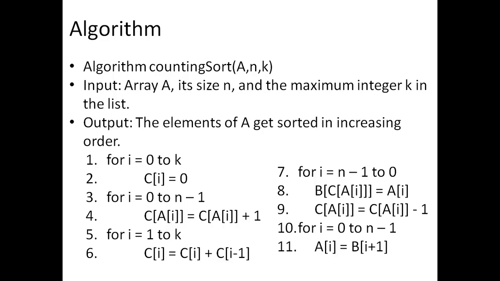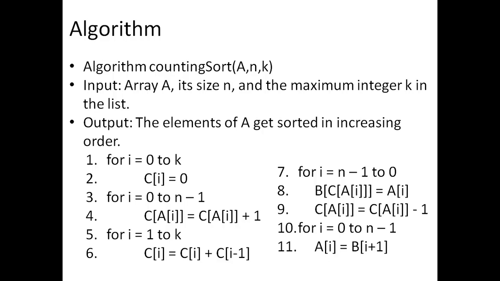The first step in the algorithm is to initialize the array C of size k plus 1 to 0, that is line 1 and line 2. Then one has to scan the input array A starting from the leftmost index to get the frequency of elements, that is line number 3 and line number 4 of the code shown here.